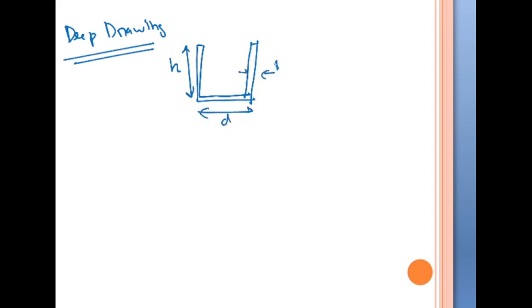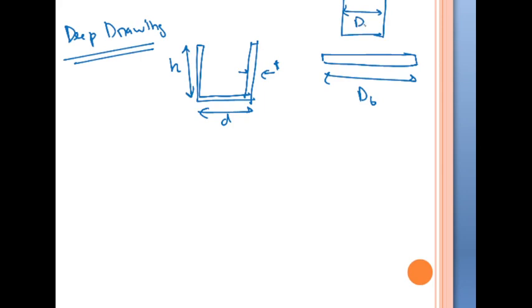This was thickness t, and this is the diameter, let's say the diameter of the blank, and there is a punch whose diameter is, let's say, dp. Now in deep drawing operation, from sheet metal we will be producing shell like or cup like articles.